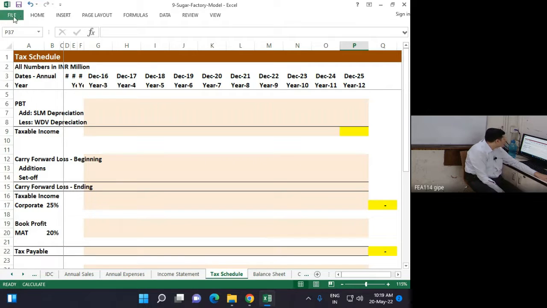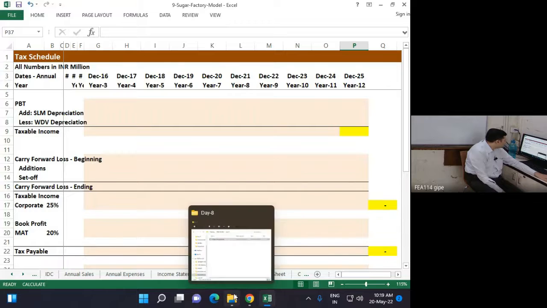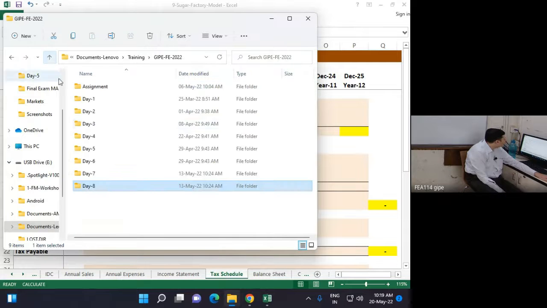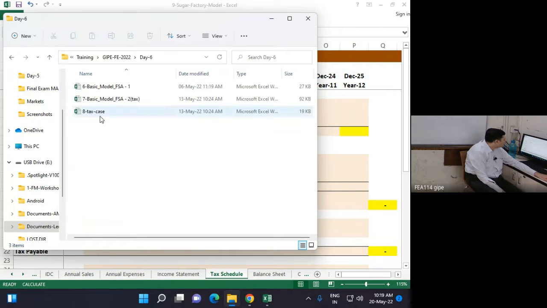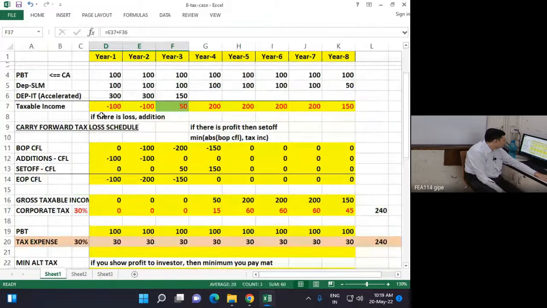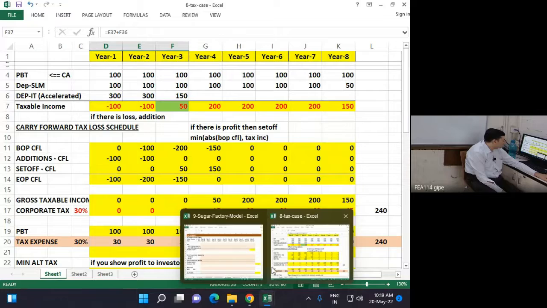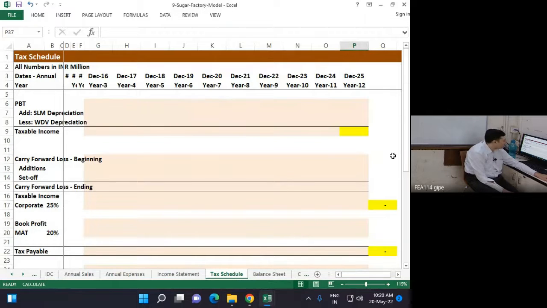Now, how are you going to do it? So where is the reference? So go back 2 classes, and there was this tax case. Open that file number 8 and use this as a reference. 8 number 5 you can use as a reference to solve the entire tax case.